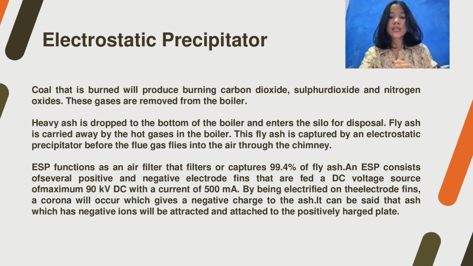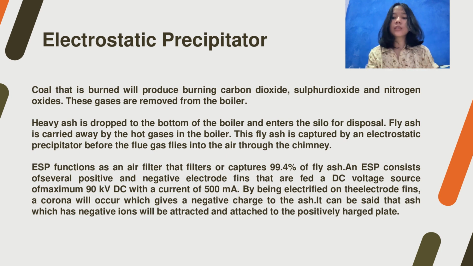ESP functions as an air filter that captures 99.4% of fly ash. An ESP consists of several positive and negative electrodes fed by a DC voltage source of a maximum of 90 kilovolt DC with a current of 500 milliampere.